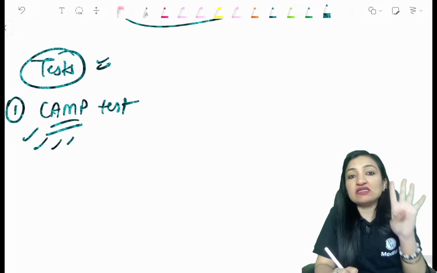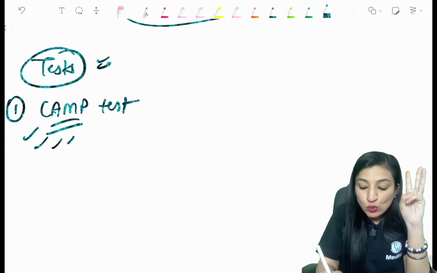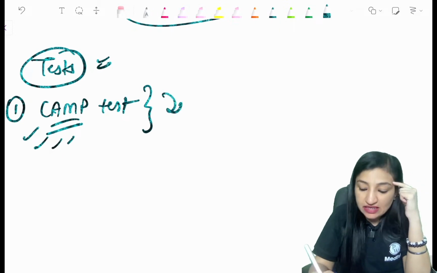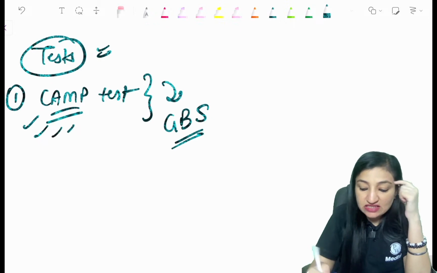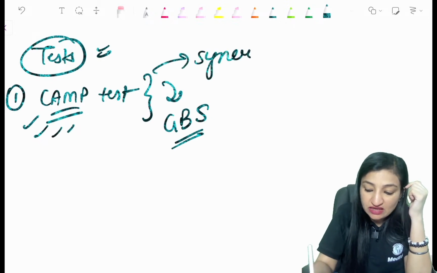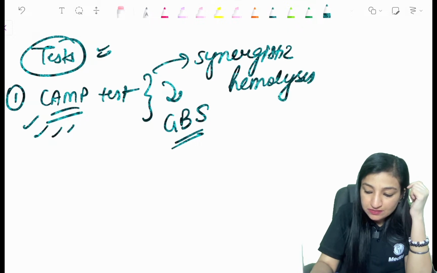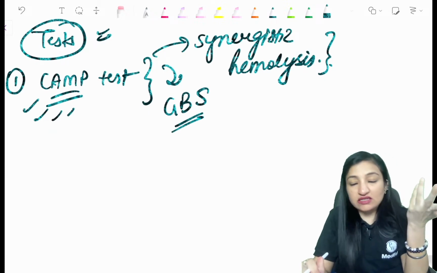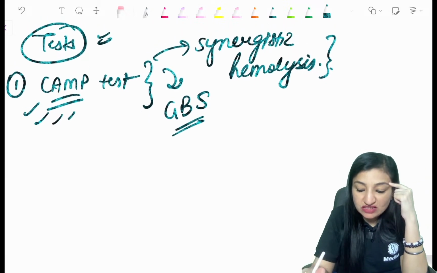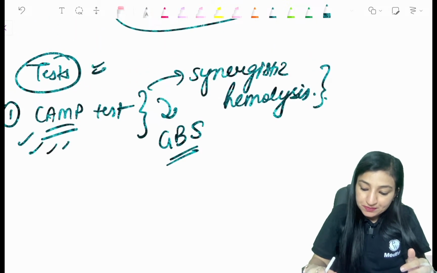These are not four people, these were actually three people who devised this test first in the context of whom? Group B Streptococcus or Streptococcus agalactiae. This test is a test of synergistic hemolysis. Okay. Now we have learned that this fellow Listeria monocytogenes is weakly beta hemolytic because of listeriolysin O. All right.